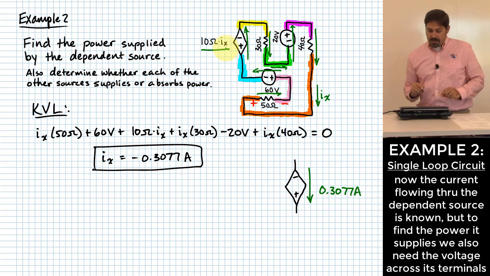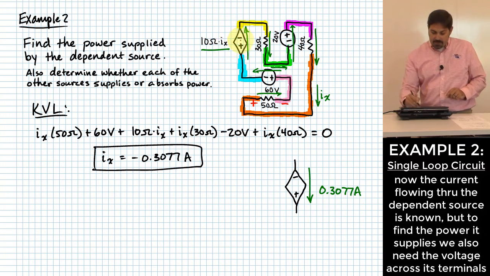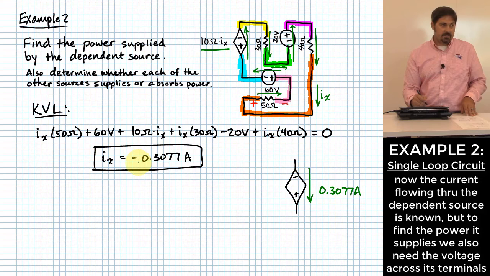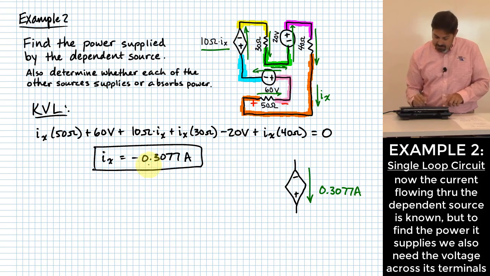Okay. Now, what value is this going to be as a voltage? 10 ohms times Ix. When I do this, I have to keep my sign of Ix, because there's nothing that tells me I can get rid of it. I assumed it was Ix, and because Ix turns out to be negative, I have to keep that sign whenever I calculate this. So once I calculate this, it's going to end up being negative 3.077 volts, right?